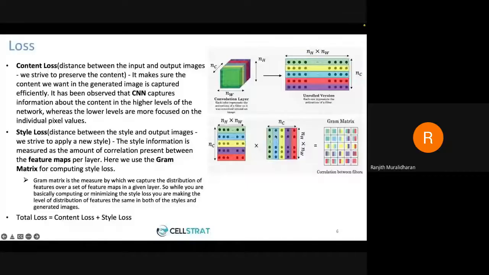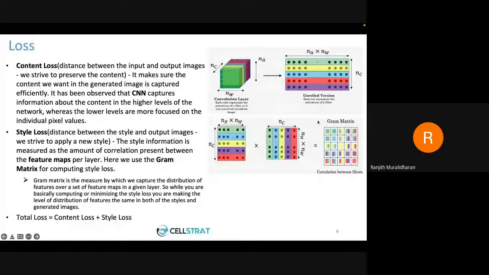So if you look at this, you have green and green here, right? Same way here in the second block, you have green and blue, right? So basically, this is nothing but a correlation. So a gram matrix takes your unrolled convolution network layer, and then multiplies it with the transpose of that network. So that is how a gram matrix works.